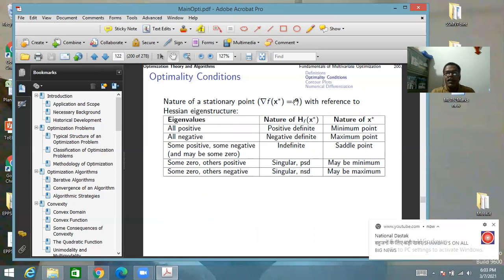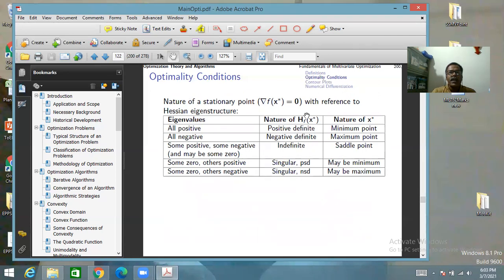Okay, so if the first order derivative, the gradient, is 0, then it is a stationary point, and in this table we are talking about only stationary points. So if all eigenvalues are positive, that means in all directions the function increases on both sides.